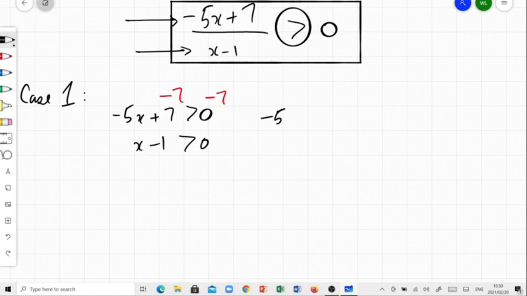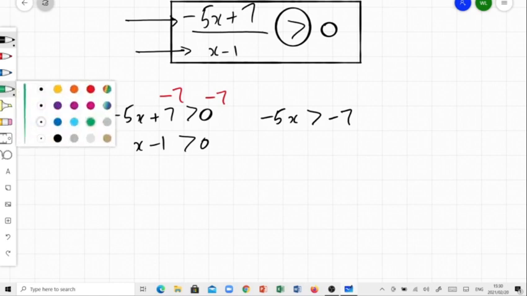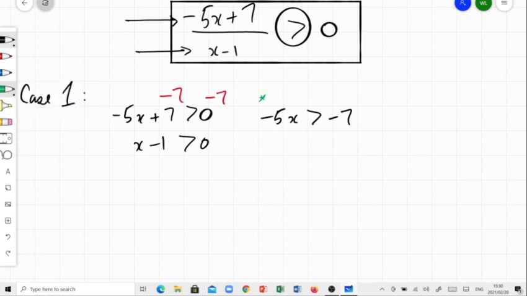So I get minus 5x is bigger than minus 7. Okay, now look at this. We have to be very, very careful because we have to multiply by a negative number to get 1x. I have to multiply this by minus 1/5. But when you multiply by a negative number, remember the order flips.